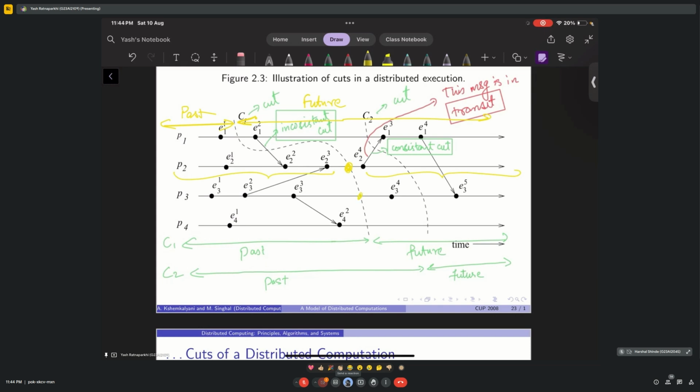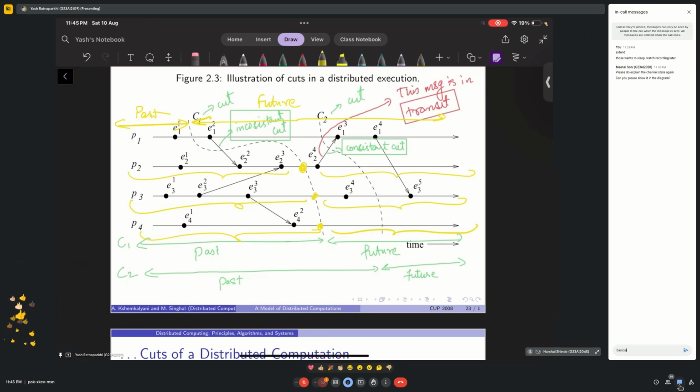On this point, I am talking about C1. Okay, from here to here it will be a past. Yes, and from here to here it will be a future. Yeah, past or future, are you able to understand this, everyone?